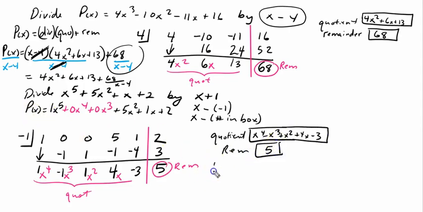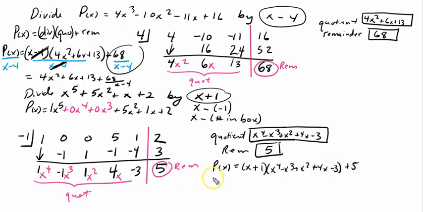I could write p of x as the divisor. What did you divide by? X plus 1 times the quotient plus the remainder. Or I could write it like this and divide each thing by x plus 1.